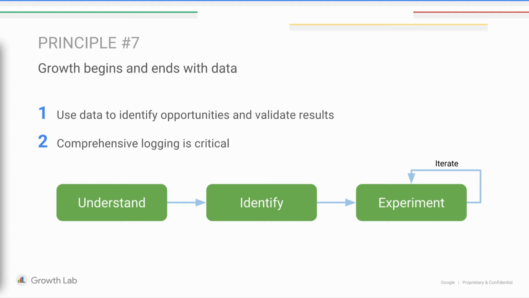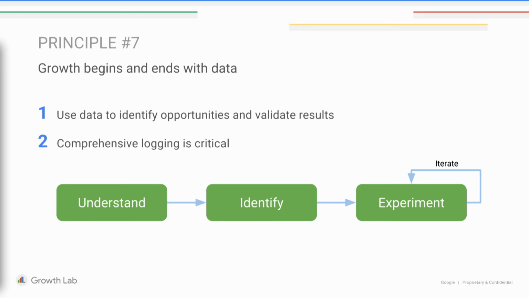The final point is that growth begins and ends with data. I said early on that growth is an iterative, data-driven process. And what I mean by that is it's not just something where you use data at the end to figure out whether a new feature you launched helped you grow. You use data throughout the entire growth process.